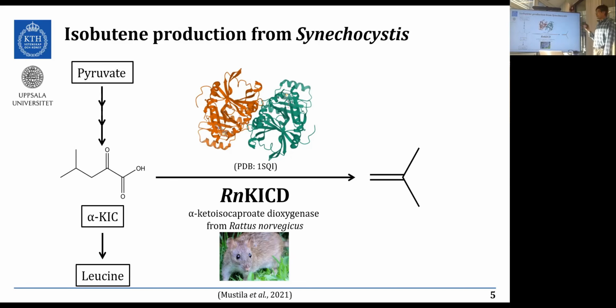In this study, we chose these four to investigate the impact on isobutene production when we introduce the KD into these four integration sites.